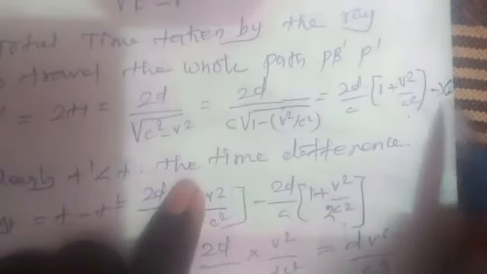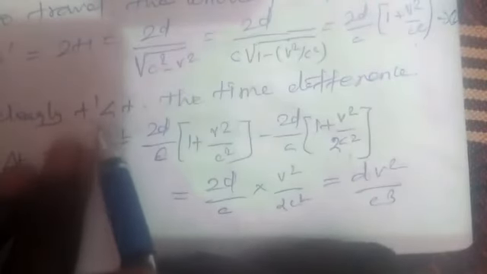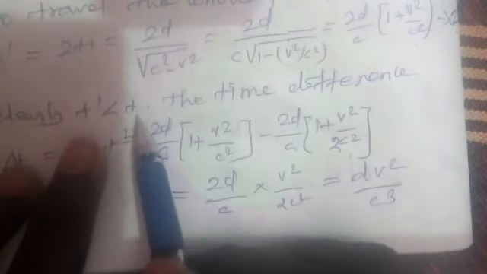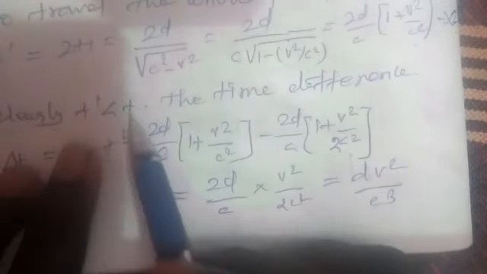That is equation number 2. Clearly T dash is less than T.